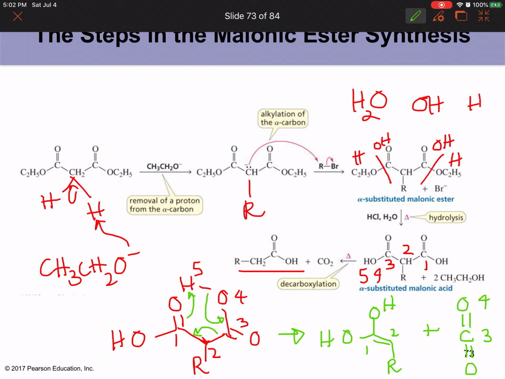So that's a carbon dioxide molecule. Now the left molecule, which has 2 alcohol groups, that's the enol form. It would rearrange to give you the keto form.